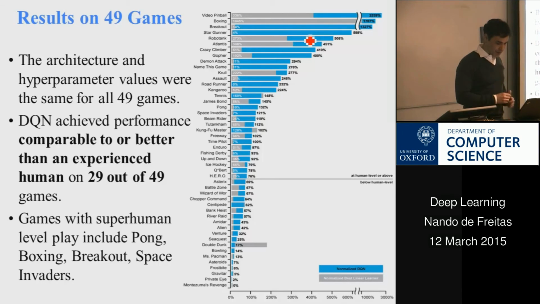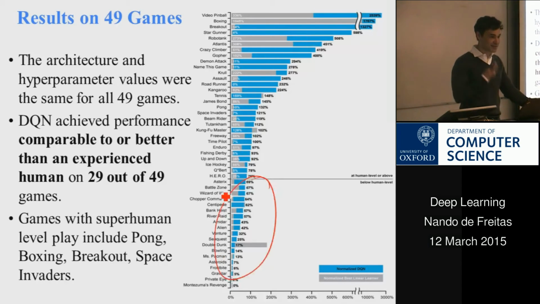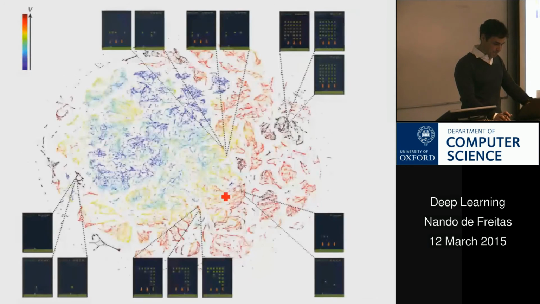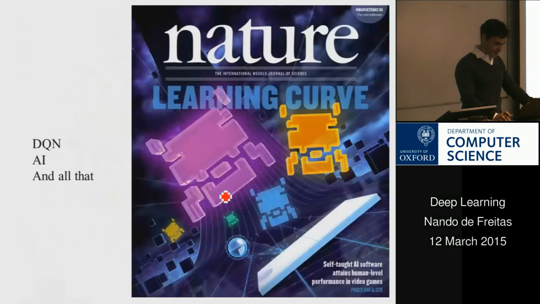There are many games where it still doesn't do well, and each of these games is in a way a challenge for artificial intelligence. This is just some visualization. This was to give you the sense of how important this work was. It made the front page of Nature, and it's not easy to get that spotlight.